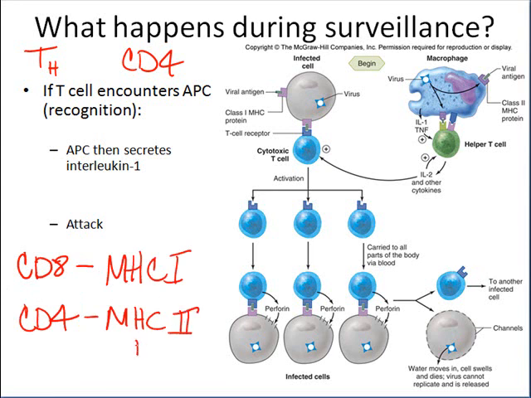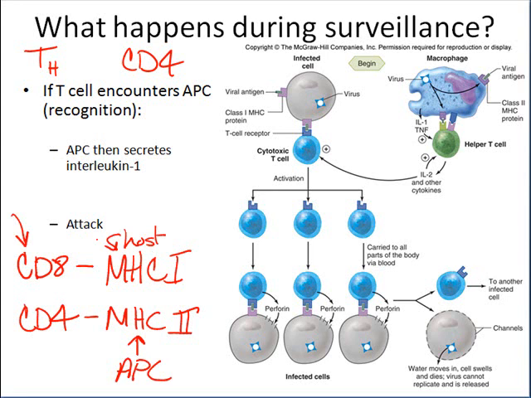And you'll remember MHC2 proteins are found only on antigen-presenting cells, things like macrophages or dendritic cells or B cells.